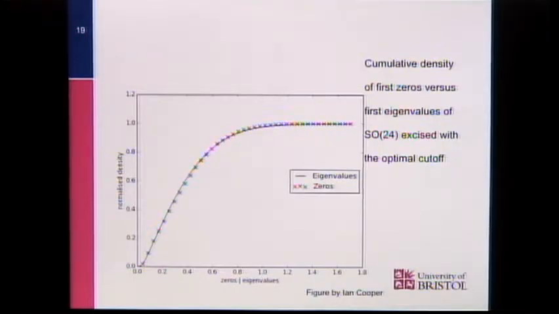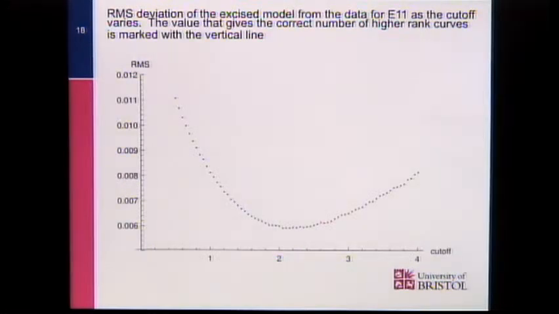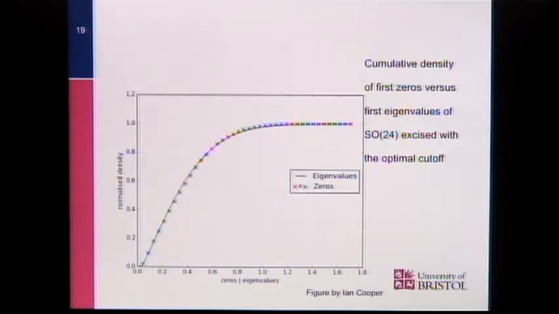Again, this is the cumulative density of the first zeros versus the cumulative density of the first eigenvalues, where we've excised SO(2N) using the optimal cutoff, the one at the minimum. We now get a pretty good fit. You remember before, when we used all of SO(2N), you could see space between the two curves, whereas now, as far as you can tell by eye, you have a fairly reasonable fit.